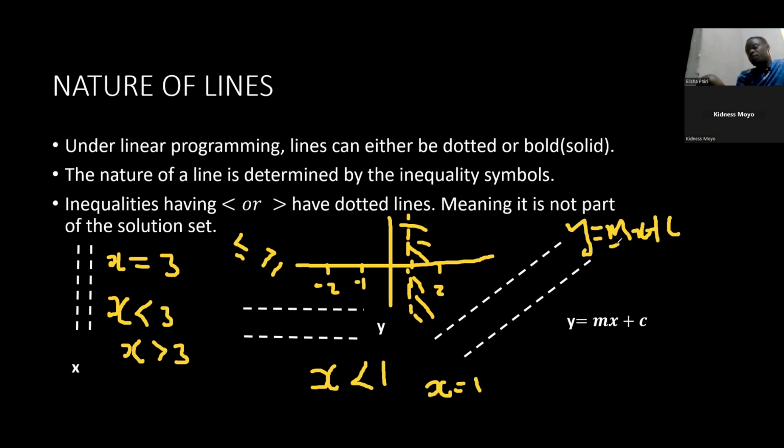So this m is the gradient of the line, x is the x-intercept, y is the y-intercept. So the y-intercept is the point at which a line touches the y-axis. Then this y is actually the coordinate of the y-axis.